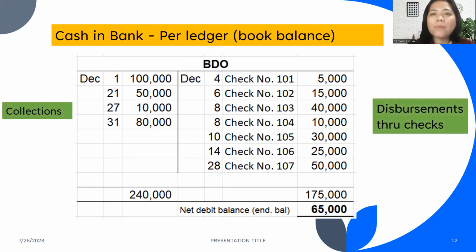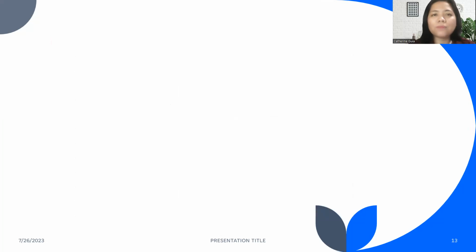The right side represents your disbursements, and that decreases your cash in bank balance. If you get the net balance, your total debits are 240,000 and your total credits are 175,000, so the ending balance is 65,000 pesos.